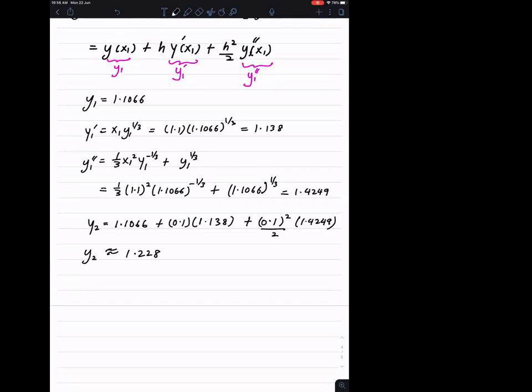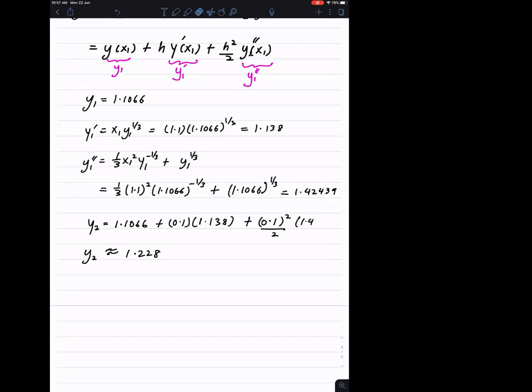Sir, for the second derivative, I'm using a calculator and the answer is 1.42439. Oh, really? Maybe there's a typo error here. Yes, sir, 1.42439. Okay, so maybe I made an error when I was copying this. So there could be some problems here.